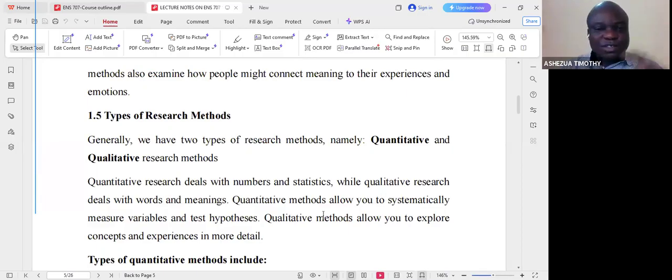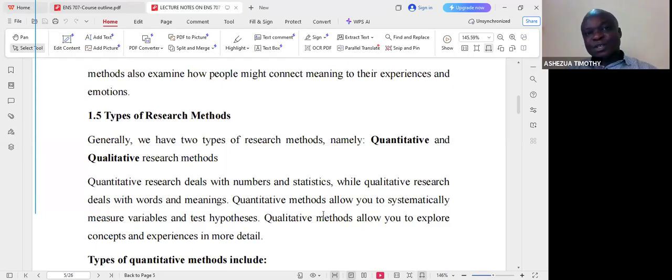So you need to know the difference between quantitative and qualitative. Quantitative methods allow you to systematically measure variables and test hypotheses, while qualitative methods allow you to explore concepts and experiences in more depth.